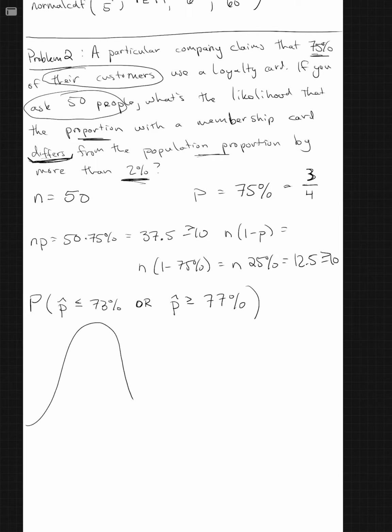So if we think back to our normal chart, this is 75%, this is 73%, this is 77%. These guys are mirrored around 75%, right?